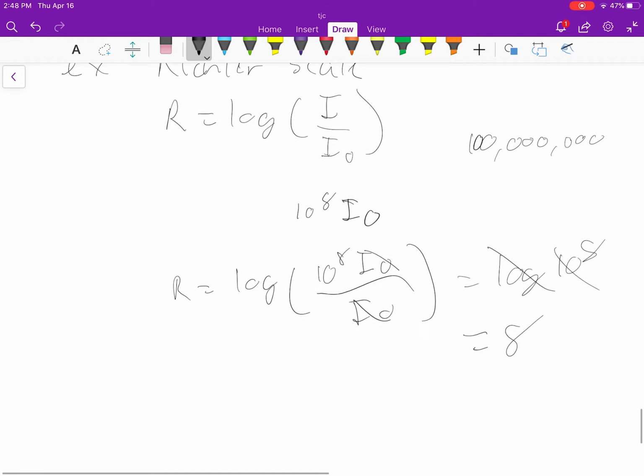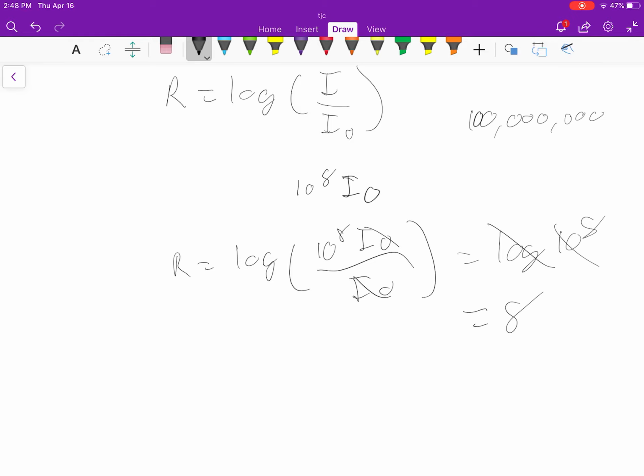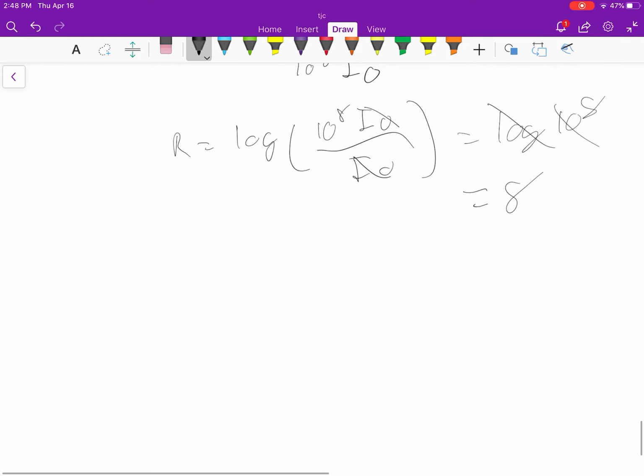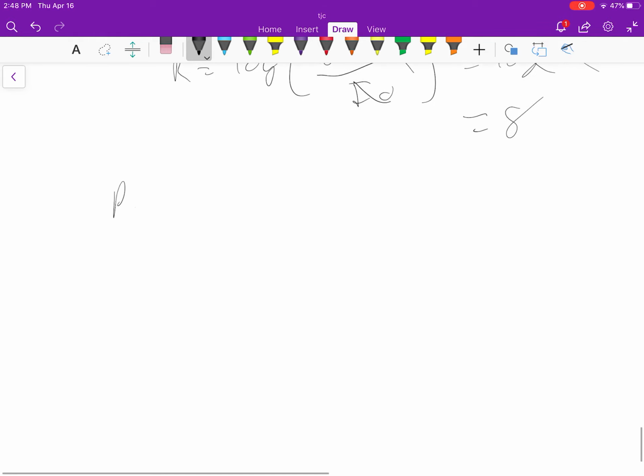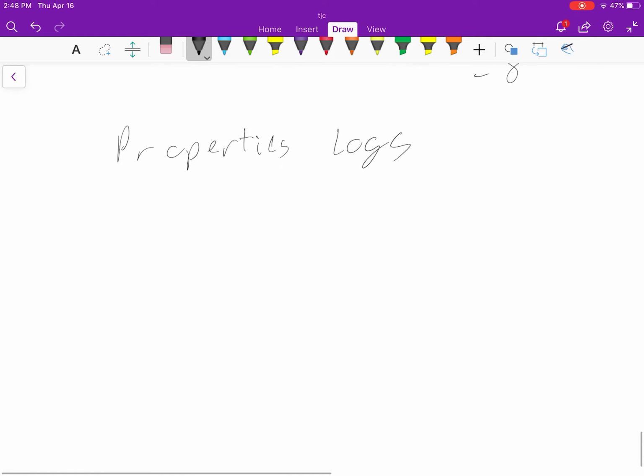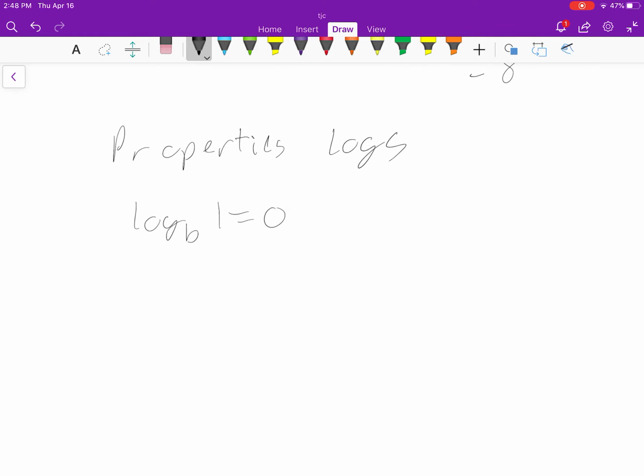All right. In closing, I'm just going to go through again the basic properties of logs that you have to know from this chapter. So here are the properties of logs. You have log base b of 1 equals 0. In the same sense, ln of 1 equals 0.